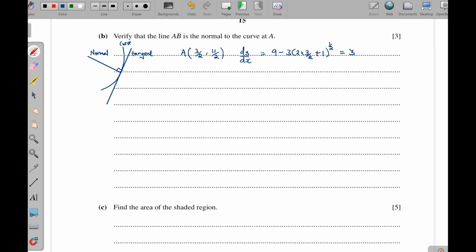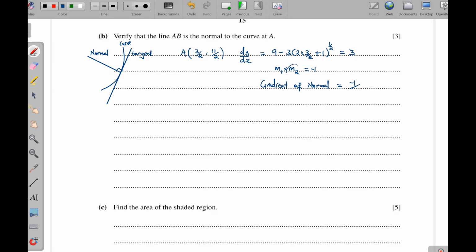Okay, now this is the gradient of the tangent, and these two are perpendicular, and we know that the product of the gradients of two lines that are perpendicular is always equal to -1. So that means the gradient of the tangent times the gradient of the normal is going to be equal to -1.